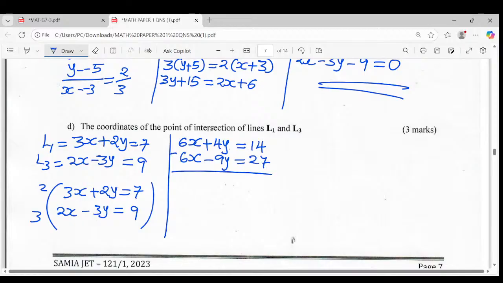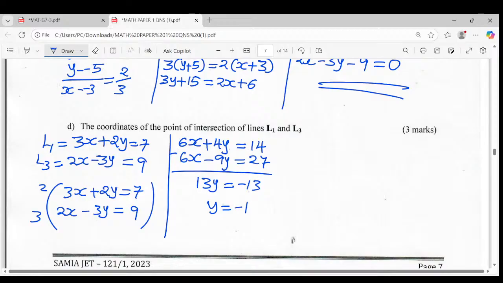Then you have 4y minus -9y. This is going to be now positive 13y being equivalent to 14 minus 27, which gives me negative 13. So 13y is equal to negative 13, meaning y will be equal to negative 1.